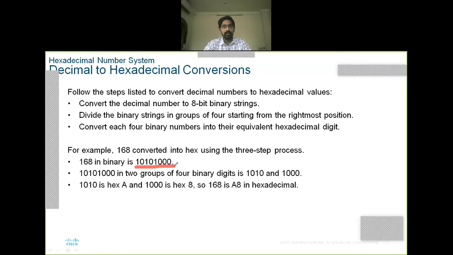Now divide that into groups of 4 bits, so this number can be divided into 2 groups. The first group is 1010, the second group is 1000. Next, according to that columnar table, obtain the equivalent hexadecimal value for these binary numbers.